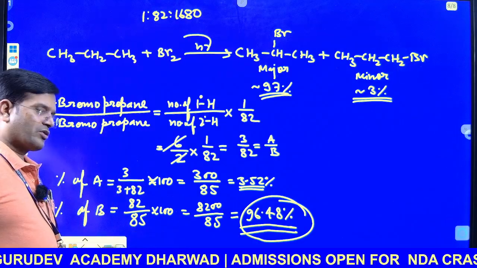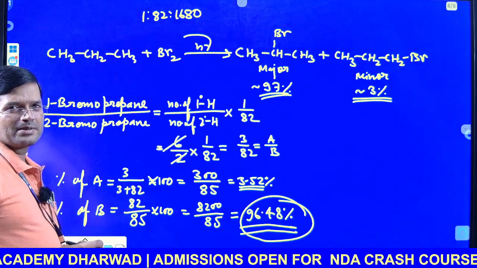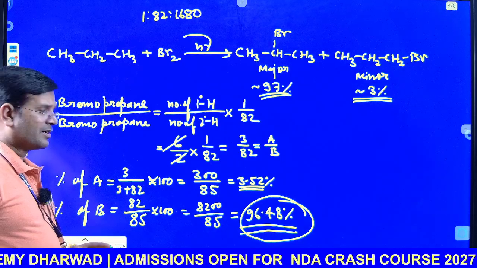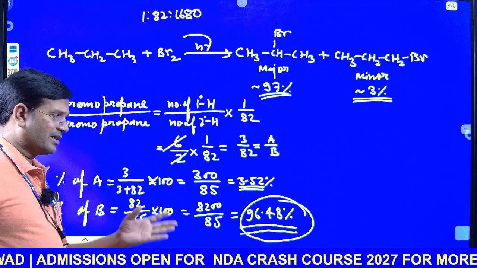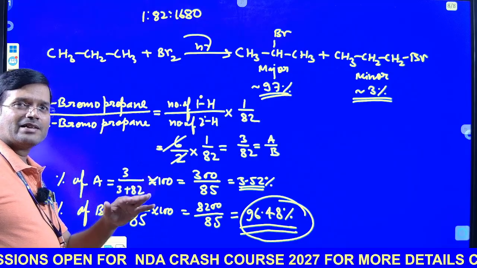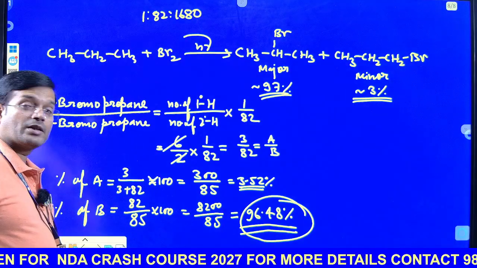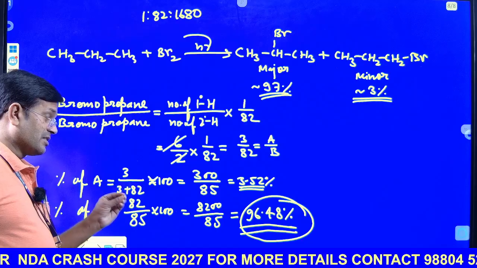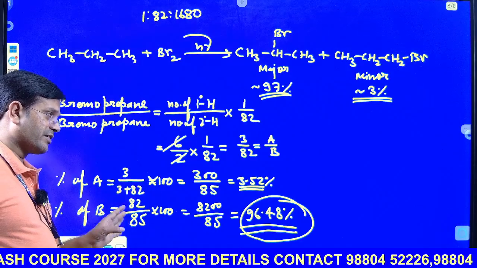Actually, in most reactions, the maximum yield obtained is 60%, 70%, 75%, 80%. In the rarest cases, we will get a yield above 80%, 85, 90 and so on. But here we are getting almost 96.48% yield.